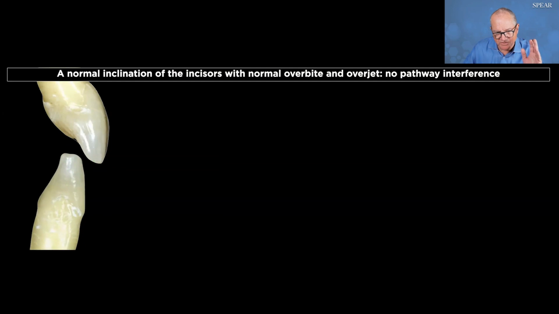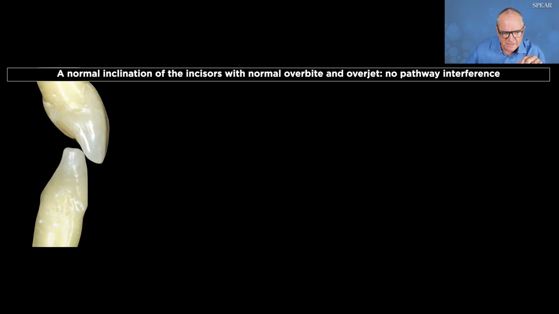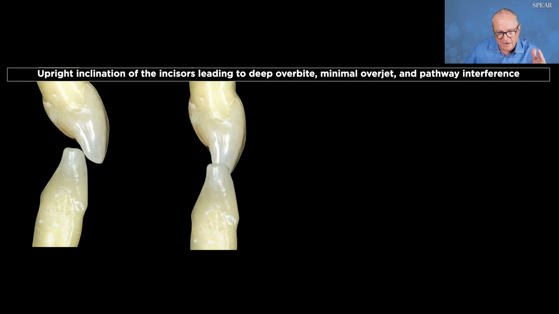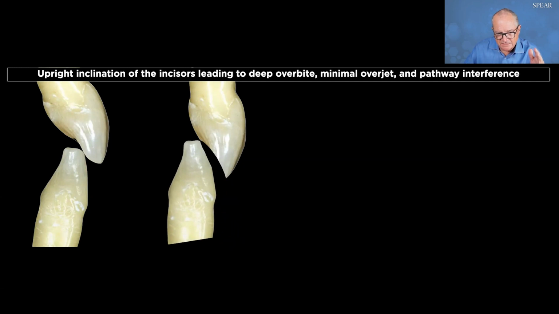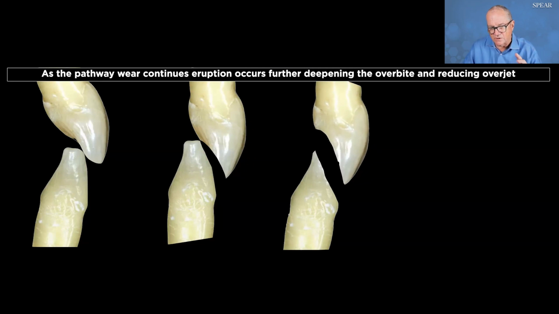If we'd have seen him when he was 16, we probably would have seen somebody that looked like this. Very upright or retroclined anterior teeth, deep overbite. And a lot of people can live fine like that. He didn't. He created wear on the palatal of the upper, facial of the lower. And as those teeth wore, they erupted down and up.